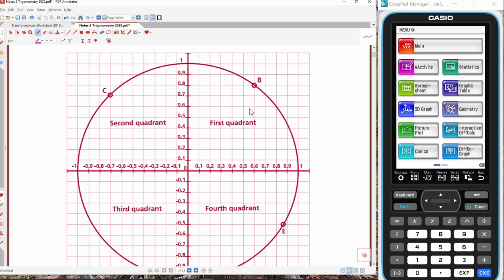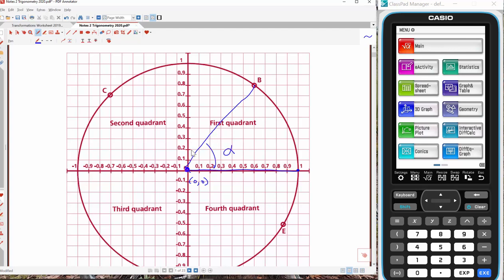So what that means is, when we start measuring angles on the unit circle, we actually start, there's the origin right there. You might choose a different color pen so you can see it a bit better. Let's go blue. So there's the origin, 0, 0. This is basically where we start around the unit circle. And so just say we've got this point here. What we do is we open up an angle like so.